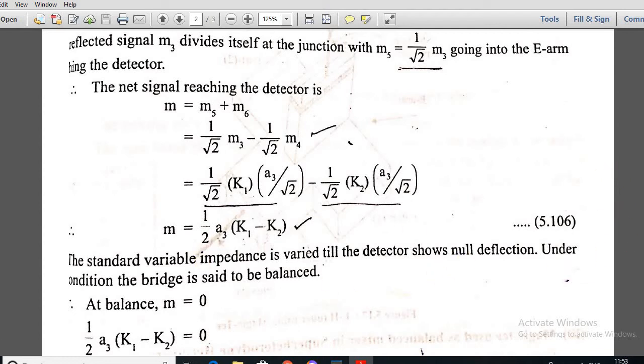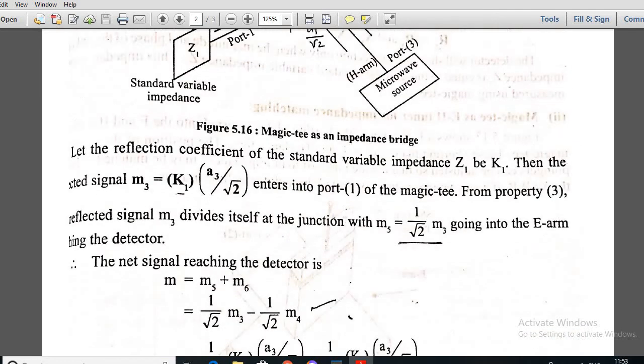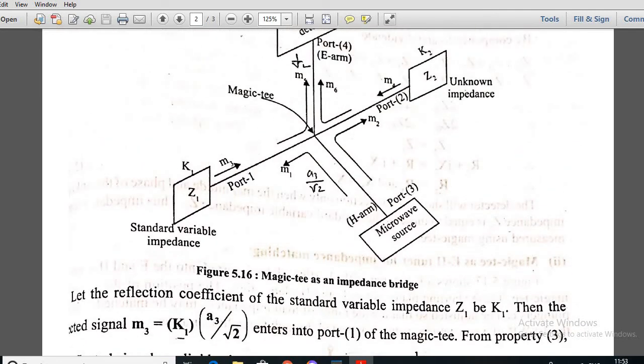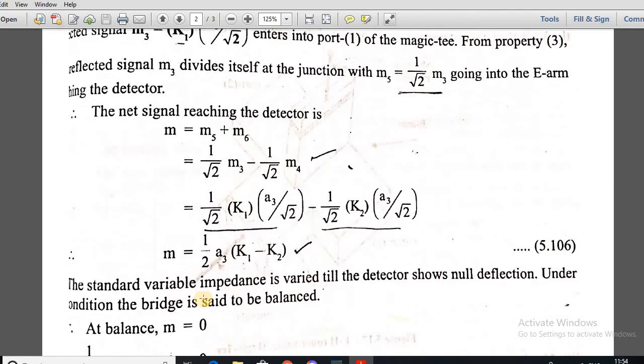M3 can be represented in terms of reflection coefficient, as I have discussed here. The reflection coefficient K1 will be equal to the reflected component by the incident component, M3 divided by A3 divided by root 2. So M3 is equal to K1 into A3 divided by root 2. That's what is used here: K1 into A3 divided by root 2 into 1 by root 2. Similarly, M4 can also be represented in terms of K2, so K2 into A3 divided by root 2.